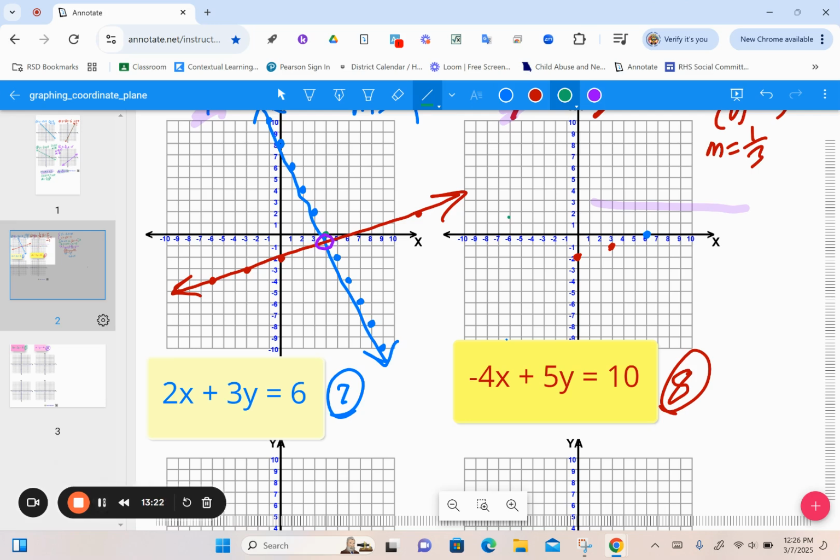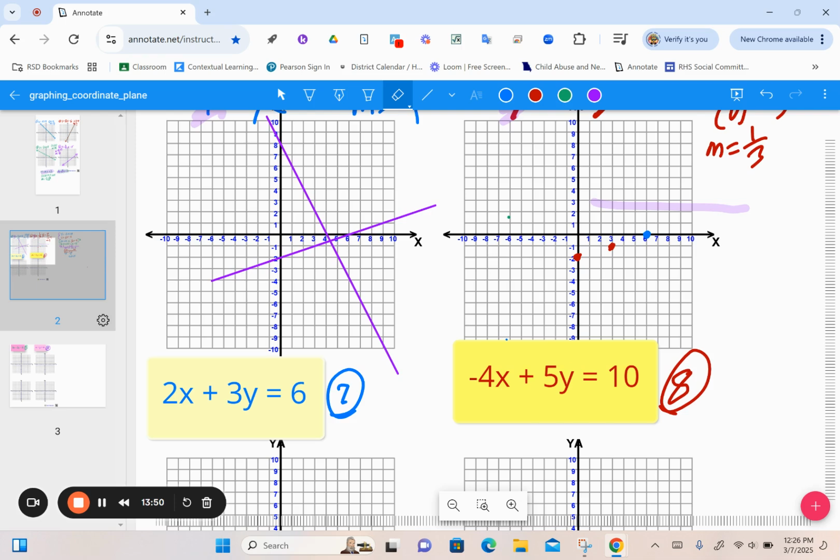I'm going to make them in green and purple, and we're going to see where they intersect, comparing to where my drawn line crossed. So I'll erase. When I erase, it'll only get rid of the blue and the red, and we'll look at where they are crossing.